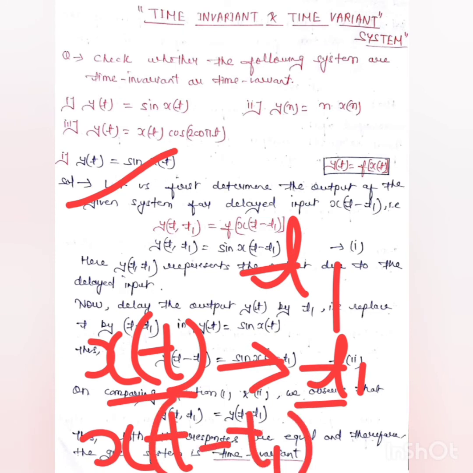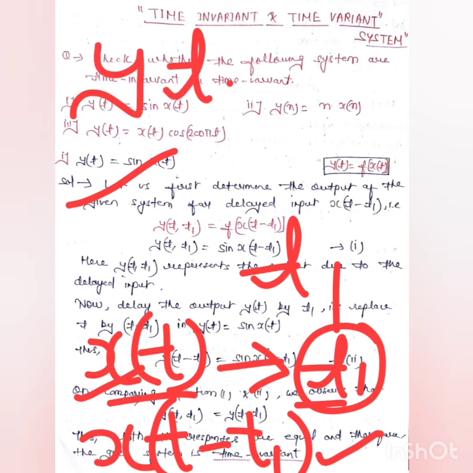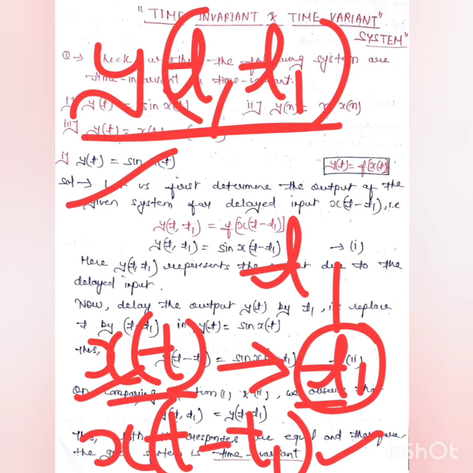So by delaying our input by the value t1, we have the expression x of t minus t1, and in this case we have output like this, y of t comma t1. This particular expression express that the output due to delayed input. In the first case we only delayed our input, not the output. In this case we have the expression for output like this.